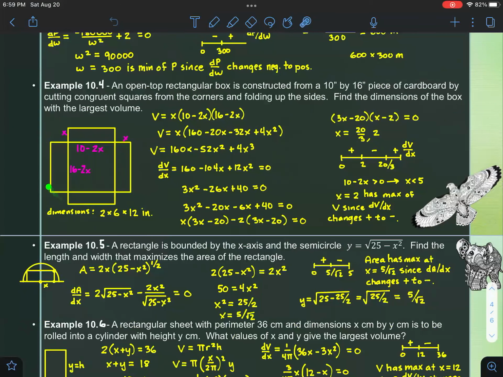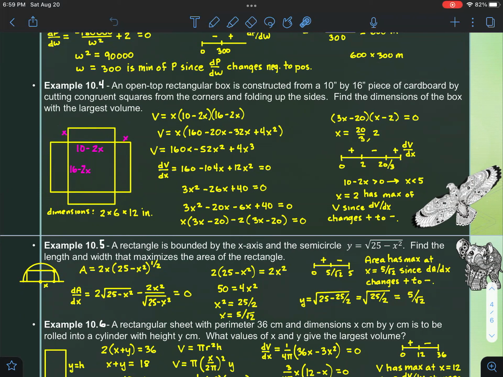So I've got a diagram here. Imagine taking a full rectangle and cutting out a square in every corner. I don't yet know the lengths of those square dimensions. I'm going to call that my x.